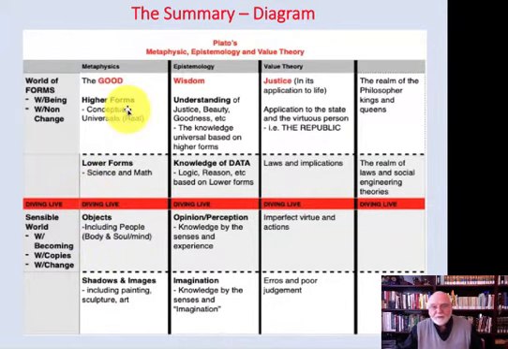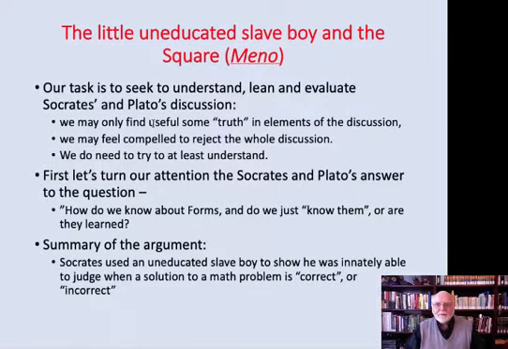And you'll probably have perceived from this that this continues over into the value theory system as well. So with that in mind, now let's move on to trying to understand how it is that Socrates and Plato are going to justify the existence of these forms and the fact that we have innate knowledge of them.